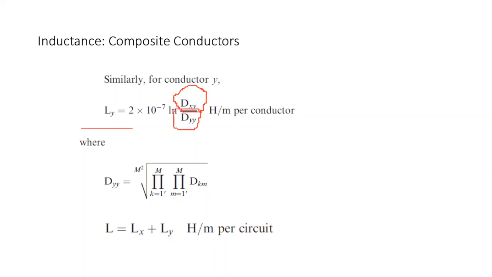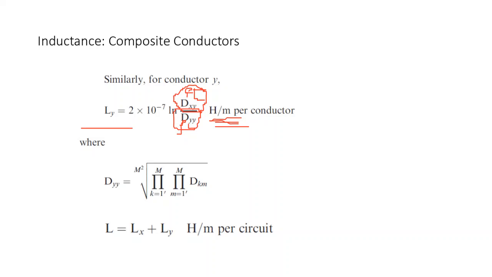And here you will see Henry per meter. So it does not depend on the units of D. Units of D could be in feet, and this should also be in feet, no problem. Feet over feet, this still will be Henry per meter.